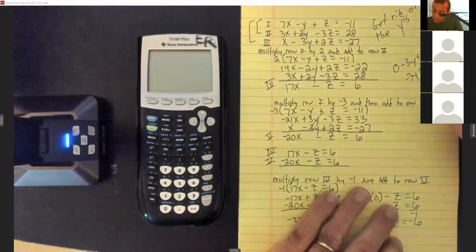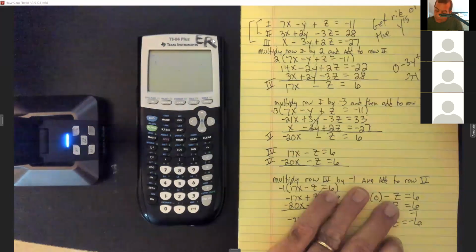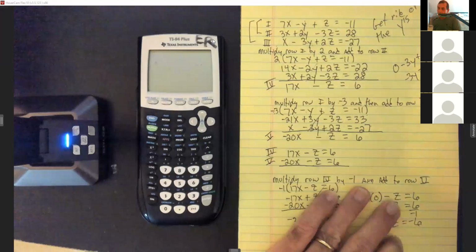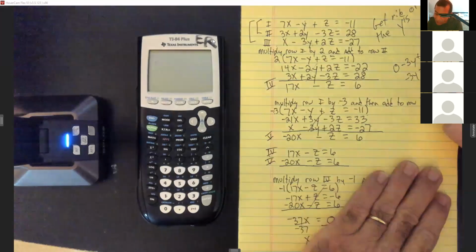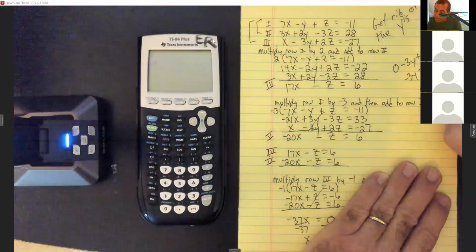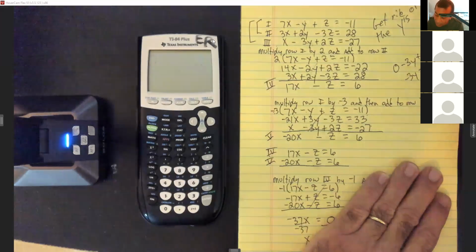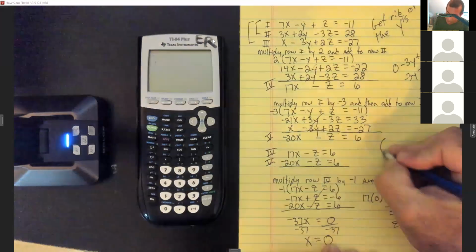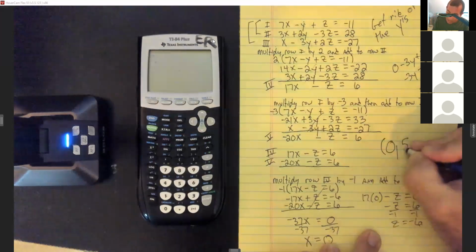What we're going to do now is add 12 to both sides. So I get negative 3y equals negative 15. And then divide by negative 3. So y equals negative 15 divided by negative 3, which would be a positive 5. Okay, so I got a 0, a 5, and a negative 6.